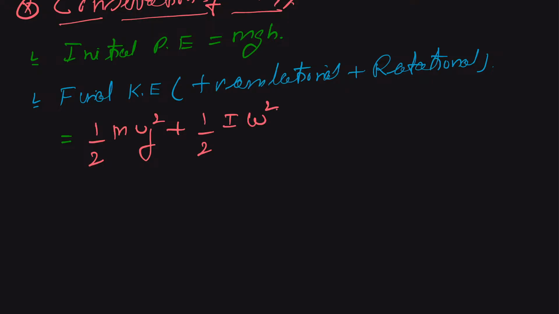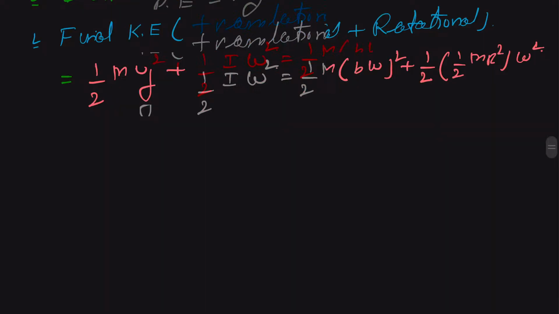Vf we already know is b times omega, so we can say this will be half m, b times omega whole square, plus half moment of inertia, which we also know is half m r square, times omega square.